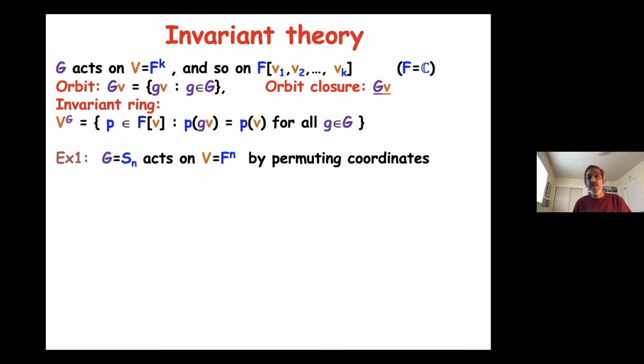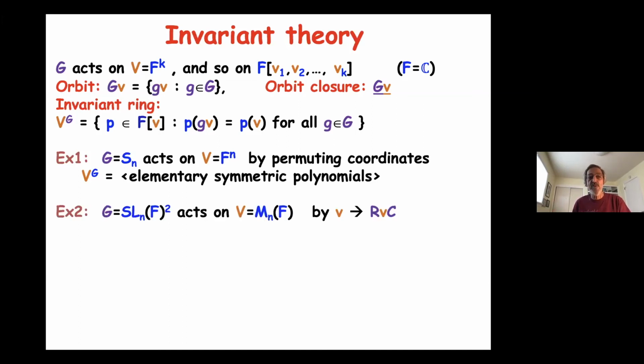If G is a symmetric group acting by just permuting coordinates, then the invariant ring, the polynomials which do not change in this action, are simply the symmetric polynomials. And here we know they are generated very concisely by the elementary symmetric polynomials. So there are infinitely many, but we have n of them that capture all.